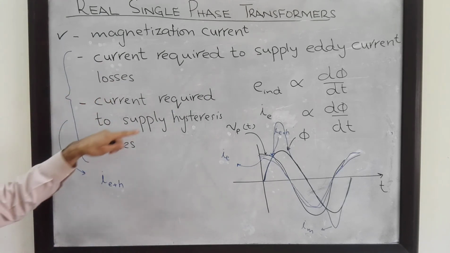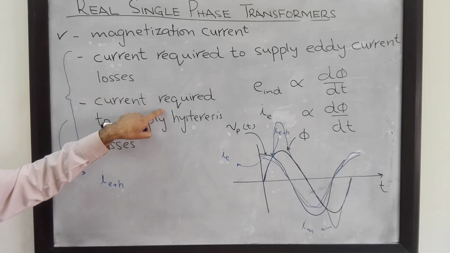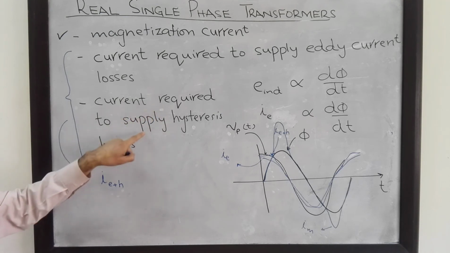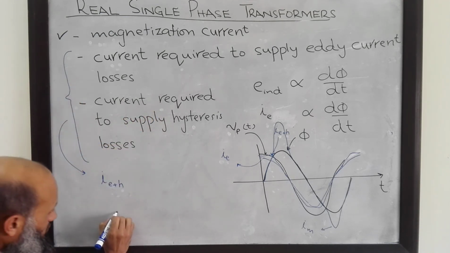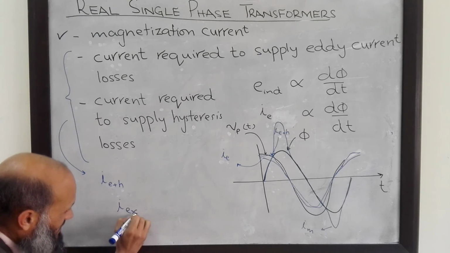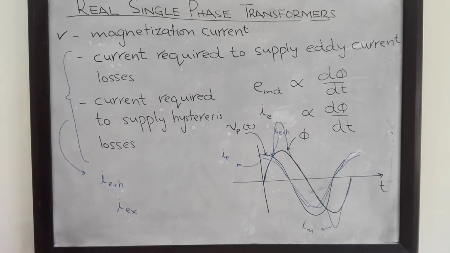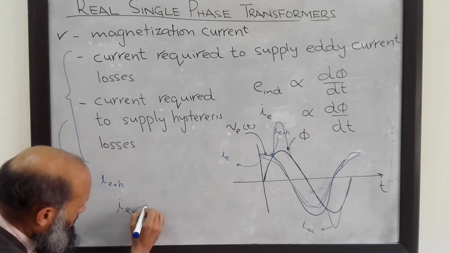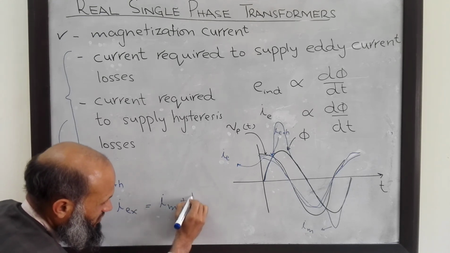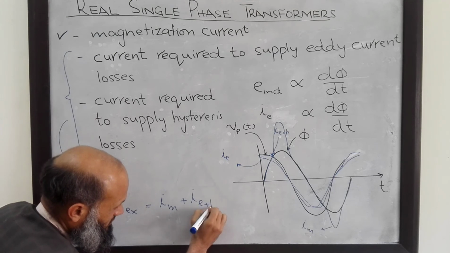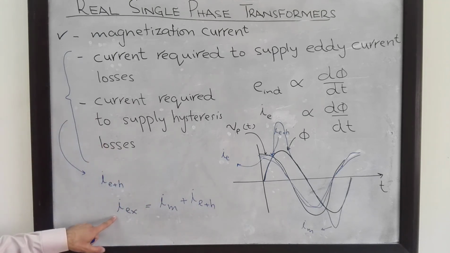The third component of the primary current is required to supply the hysteresis losses. These three components together are called the excitation current, equal to the sum of the magnetization current and these currents. That current which flows in the primary of the transformer even if the secondary is open circuited is called the excitation current.